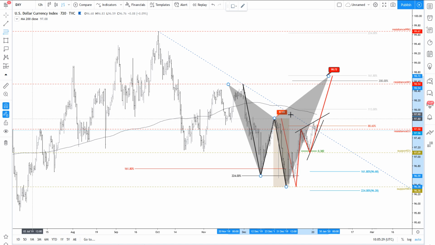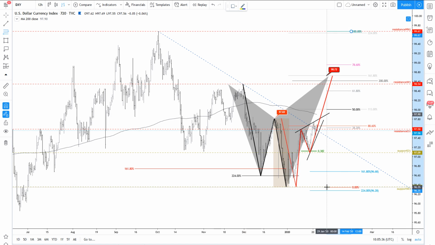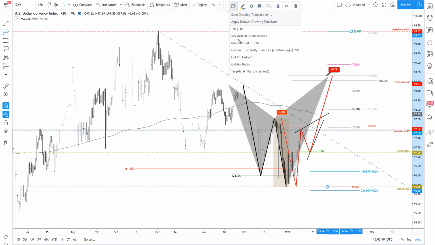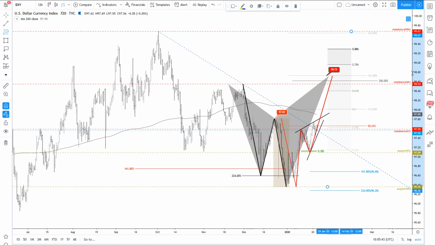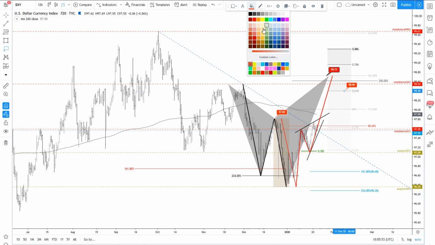Of course, if that happens, I will start also to plot the possibility for convergence between some of those Fibonacci levels, and basically just to pay attention for the golden fib just right below the weekly fractal at 98.40.